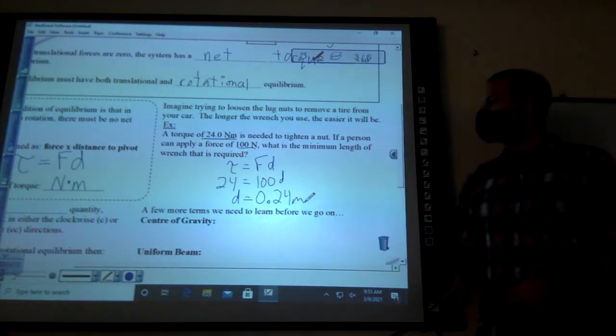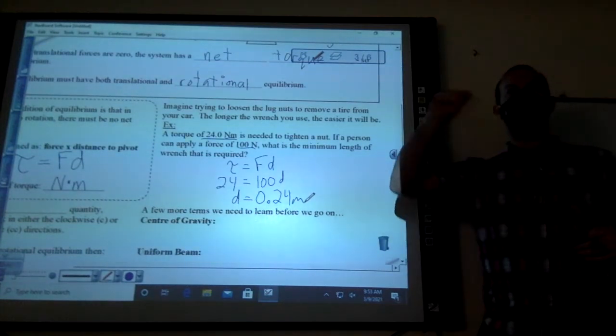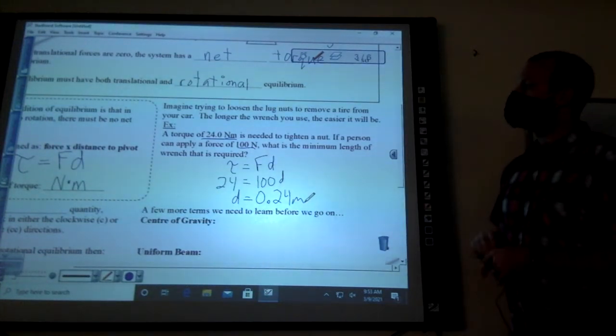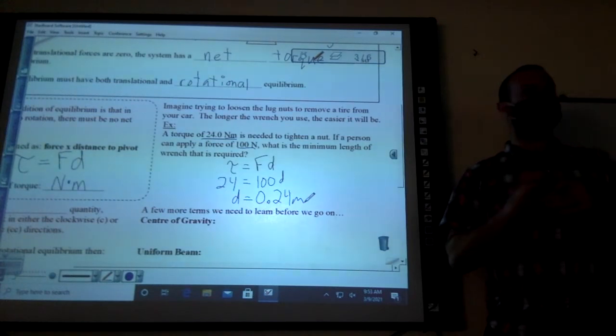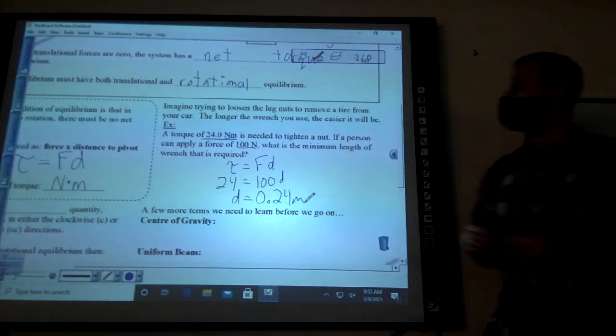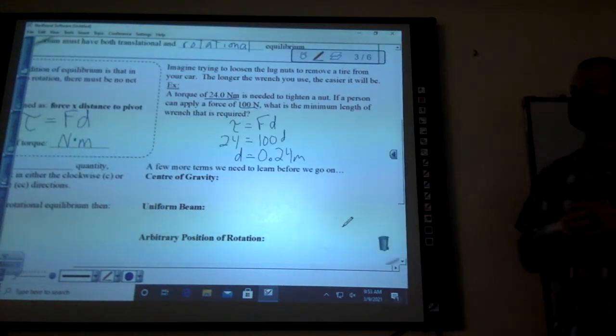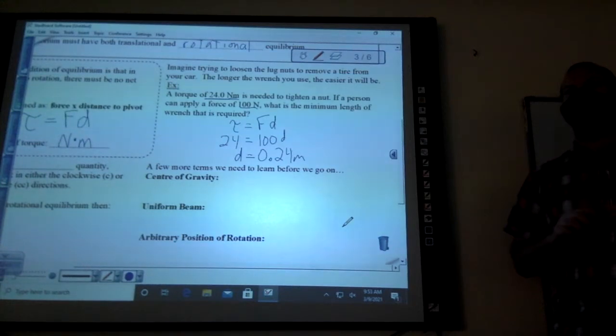So if you happen to be not the greatest at strength, in order to loosen up something, what's the easiest way for you to overcome your lack of strength? Longer wrench. You can compensate for that strength. And when is time going to be a factor?